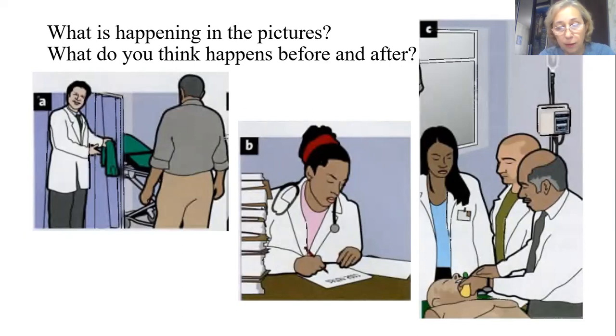Okay. And is he talking about anything? What do you think? Look at the age of the doctors. The doctor who is dealing with the patient, how old is he? Is he older than the other two doctors? He might be the senior doctor of that particular hospital.